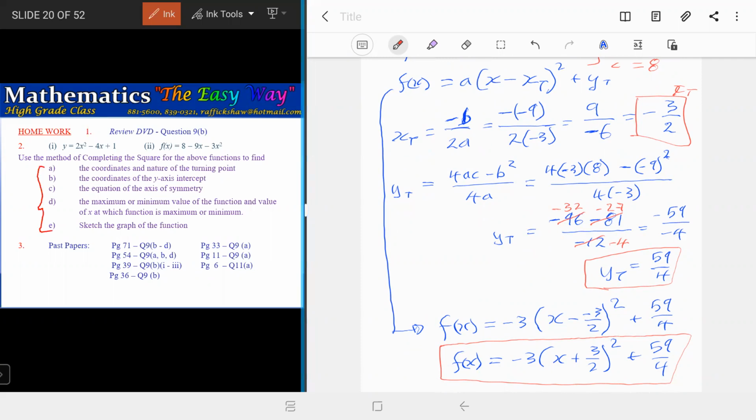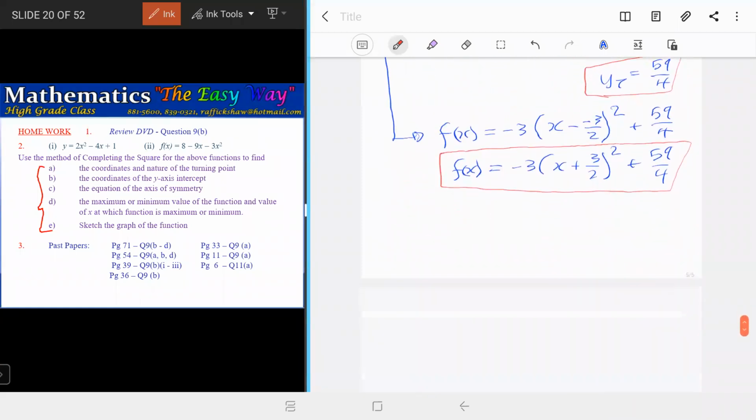Part A, B, C, D, and E. Let's go. The first one we are answering is part A. I'm just going to write down answers, I'm not going to explain again. I did it in the first part. The same explanation, only this one is a maximum because the a is negative.